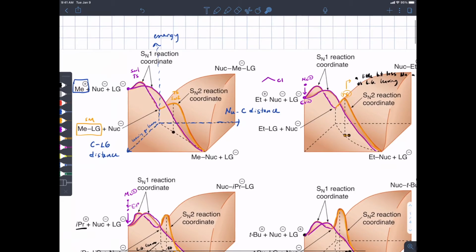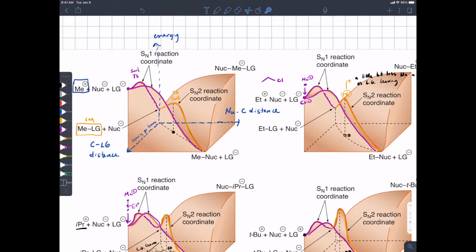So over here we have a methyl carbocation, which is very unstable. Here we have a primary carbocation, which is less unstable. And that does two things. It makes the SN1 pathway more feasible, though in this case the SN2 pathway is still lower in energy.